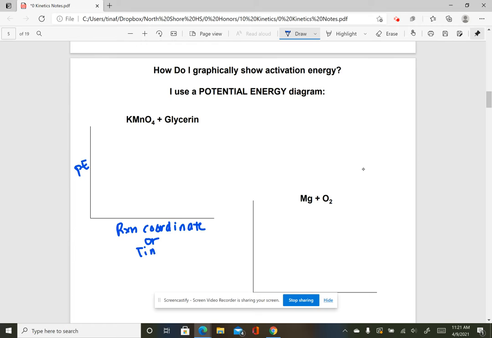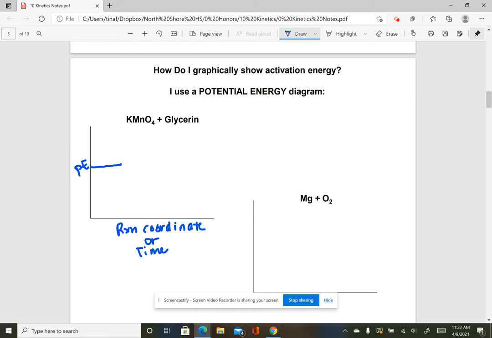So as you go across the x-axis, that just means that time is going by and your reaction is proceeding. You're turning from reactants into products. So our reactants always start with a certain amount of energy. So that line is going to represent how much energy our reactants have.